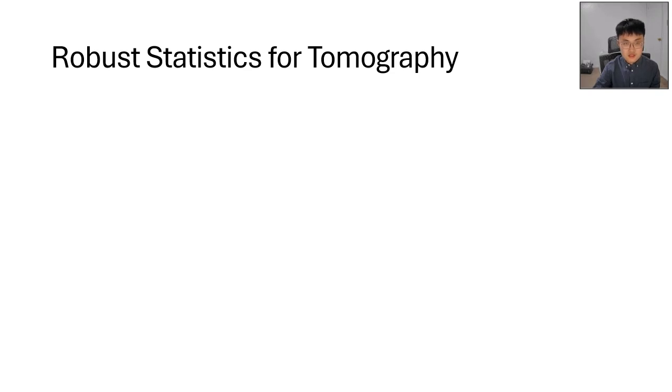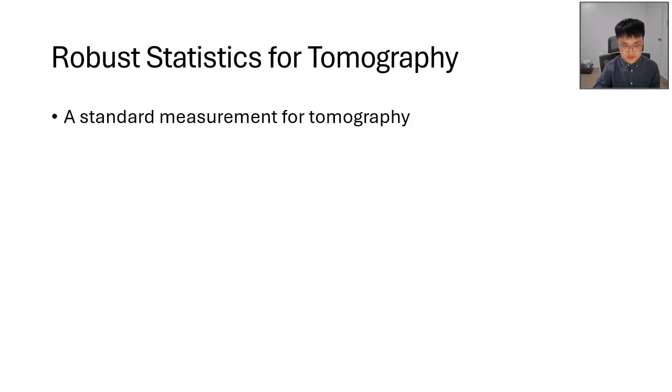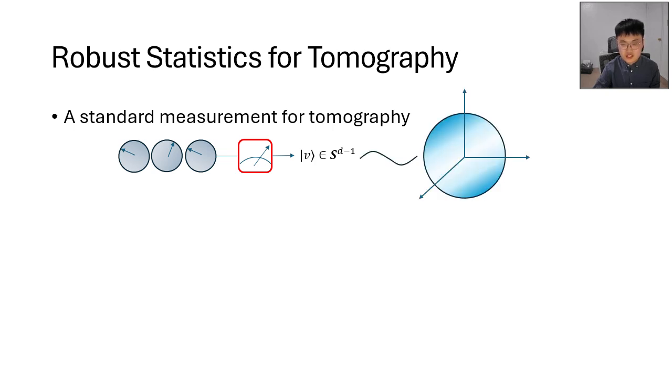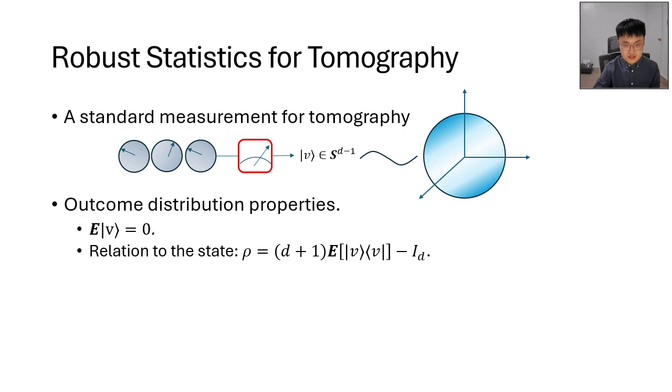We use ideas from robust statistics. First, I will introduce a standard algorithm for tomography. We apply a measurement such that the outcome would be distributed over the unit complex sphere, and the distribution can be related to the unknown state in this way.